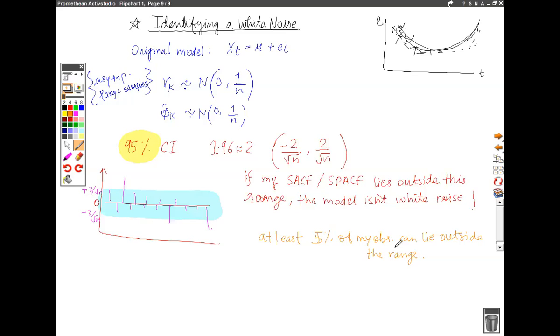So one of the lags can exceed the limits that I have defined for this prediction interval. And if you only have one of those lines outside, then you can still say that this is a white noise process, because you cannot be sure whether that one line outside the interval is one of the 5% or the 95%. So there is somewhat of a discrepancy again.